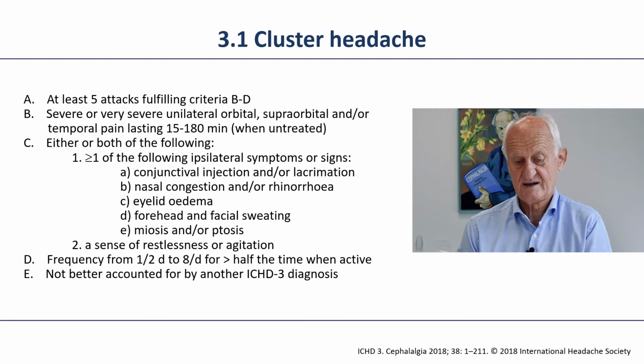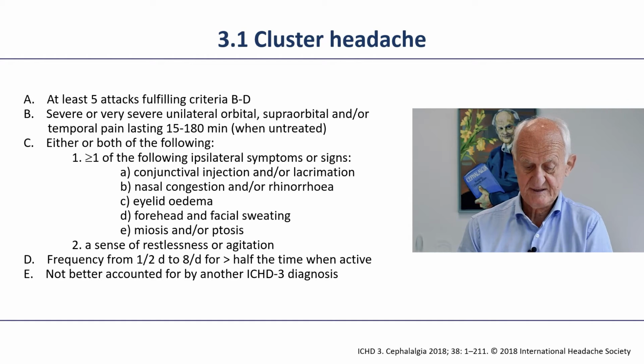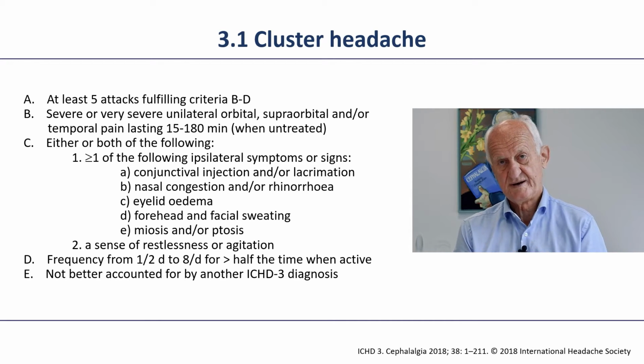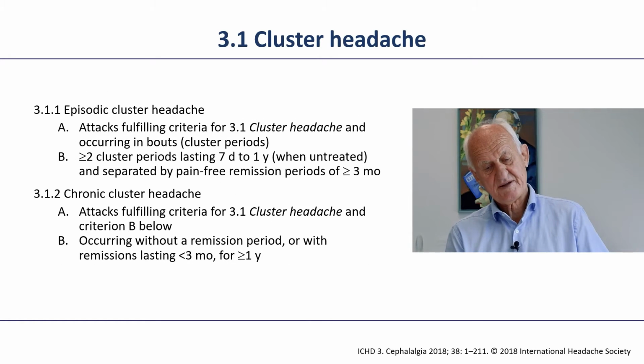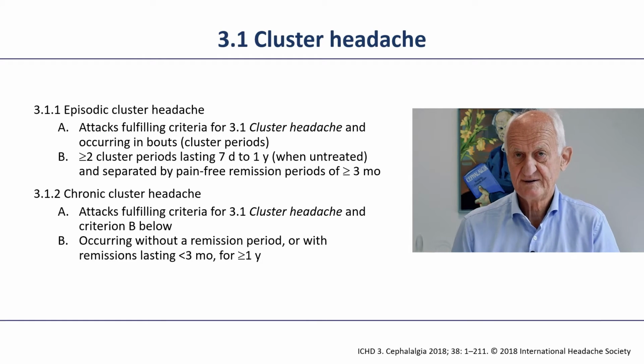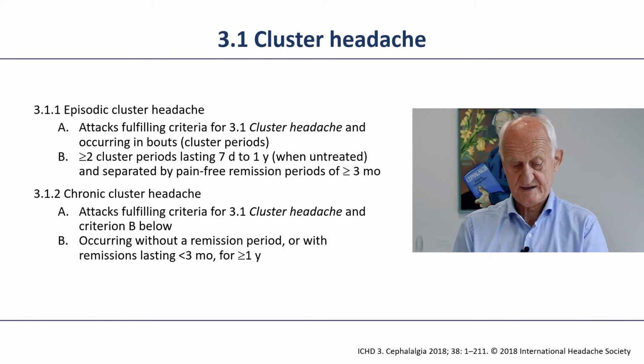In most cases, they have all of them. The frequency is much higher, of course, than migraine, so they have from 1 attack every other day to 8 attacks a day. And it's subdivided into an episodic type and a chronic type.